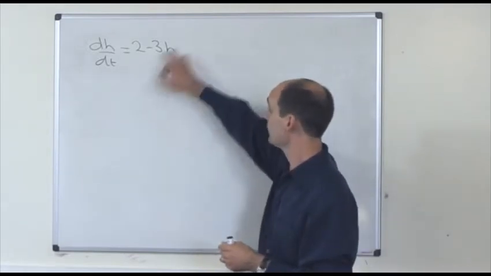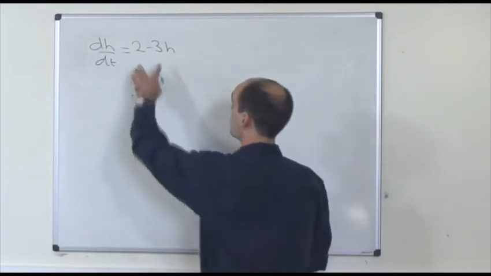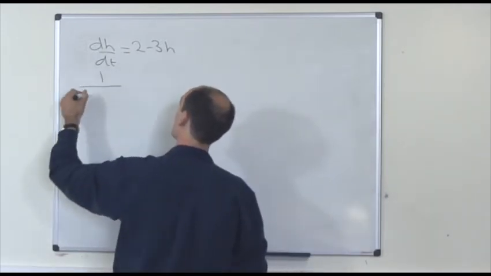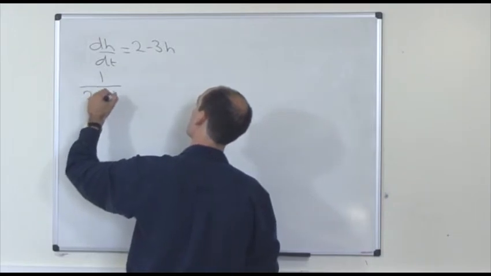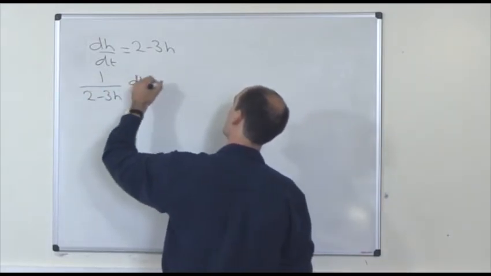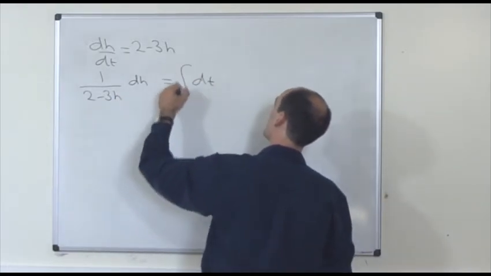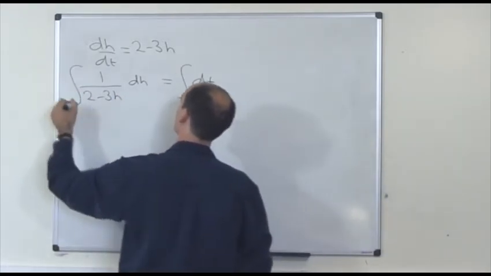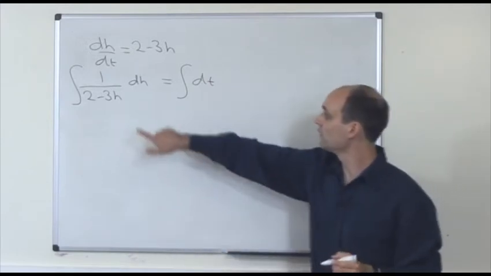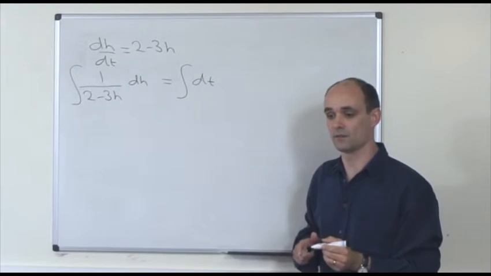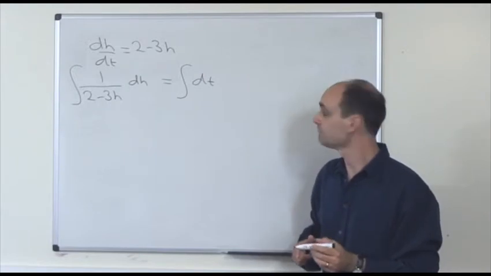So what we do is we rearrange it in the way I've just said. We bring the h dependence down here. So we have 1 divided by 2 minus 3h dh is equal to dt. I'll put an integral sign there, an integral sign there.